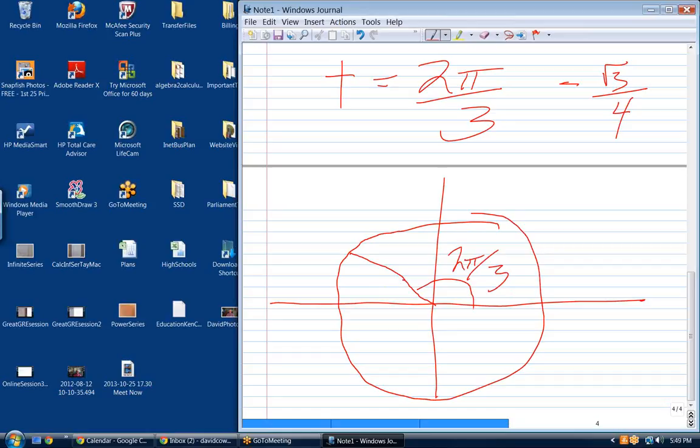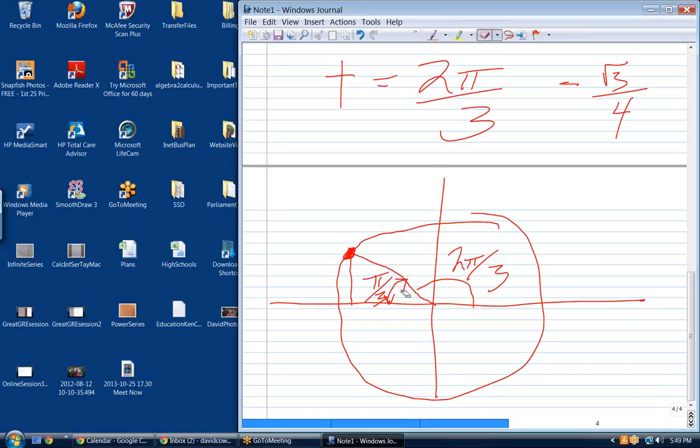So the reference angle that they're asking about is this one right here, the distance from the x-axis. The reference angle is always the angle that the ray makes with the x-axis. So since this one and this one have to equal pi, this must be pi over 3, because they have to equal 180 degrees. They're supplementary. Okay? So now what they want is that point right there.